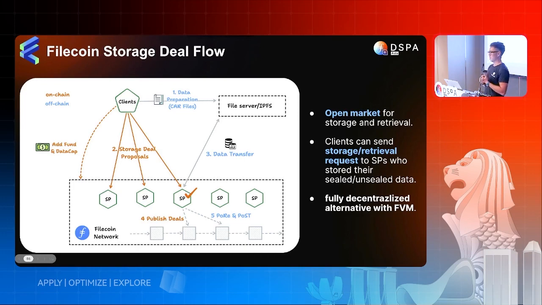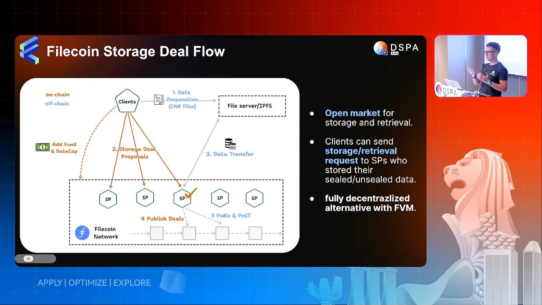Now, what might change a little bit is when FVM comes in. FVM brings programmable storage to Filecoin, which means you can write your smart contract and make some of those processes fully decentralized on Filecoin. For example, when we're talking about data DAO, I mean data cap, and funding the deals, we can make sure they are recorded on smart contracts.